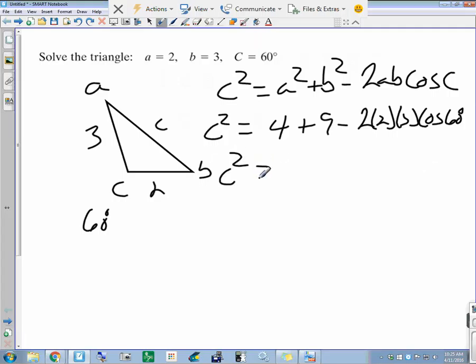C squared is going to be equal to 13 minus 12 cosine 60 degrees. Okay. So, am I down to a point that I can just slam this thing into the calculator and calculate it out now? Hope so.